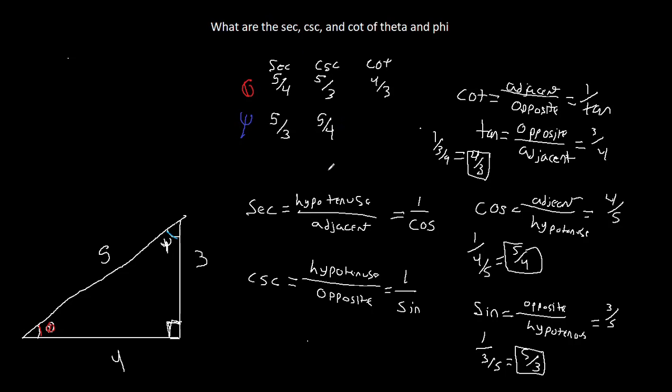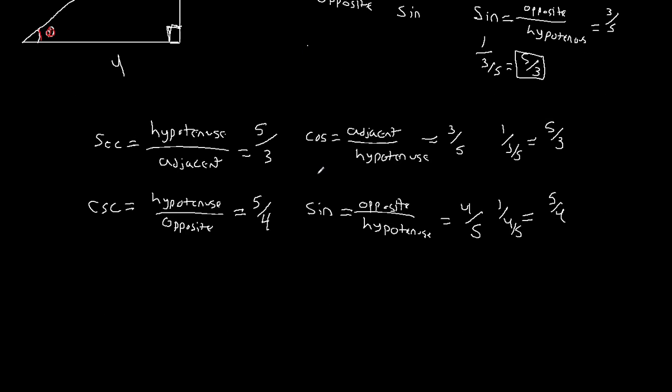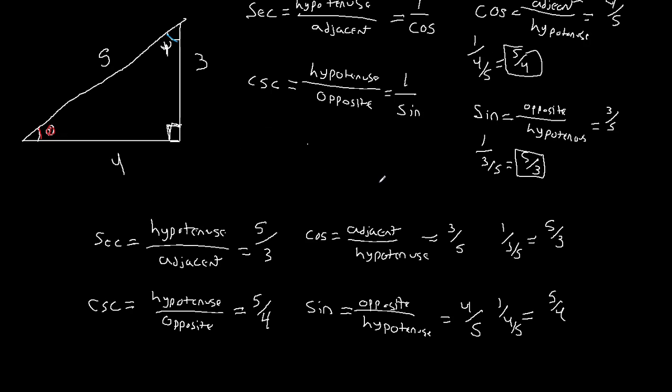Okay. So the last one we need to do, and hopefully we have room without going too crazy, is the cotangent. So cotangent is adjacent, sorry, opposite, sorry, adjacent. See, I'm even screwing myself up here.